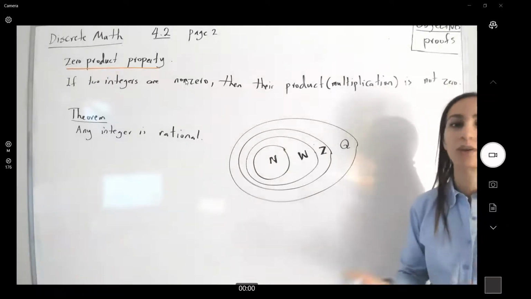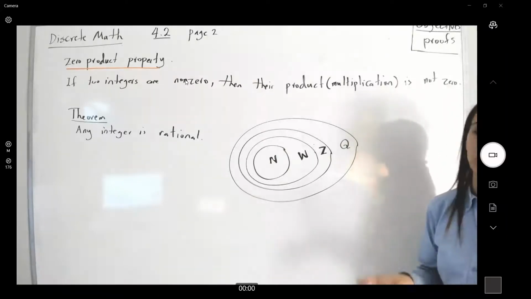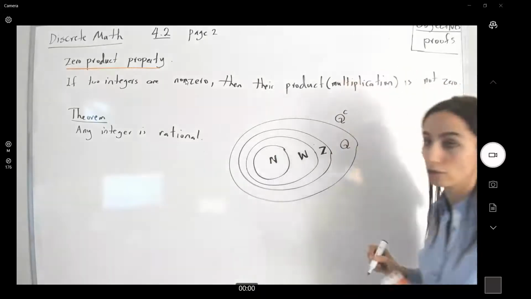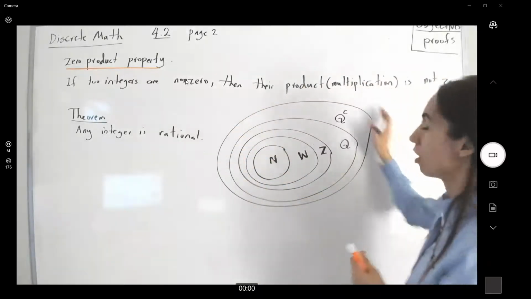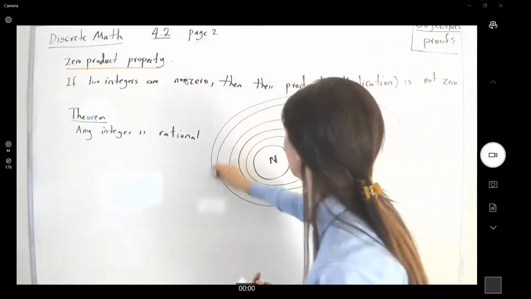And then we say that we have some numbers that are not rationals, like square root of 2, pi, square root of 5. We define the complement of rationals as irrationals. All of these are included in a larger set that we call reals.